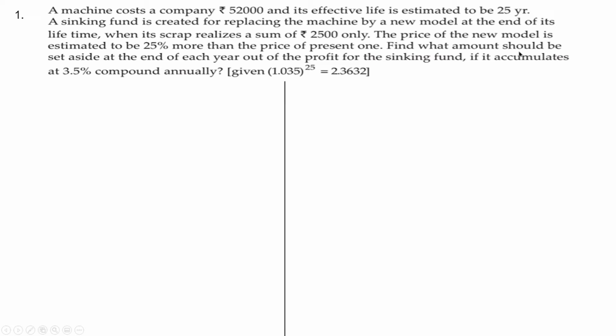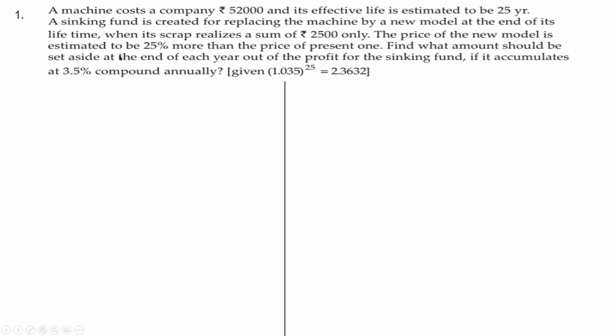The price of the new model is estimated to be 25% more than the price of the present one. Find what amount should be set aside at the end of each year out of the profit for the sinking fund if it accumulates at 3.5% compounded annually.